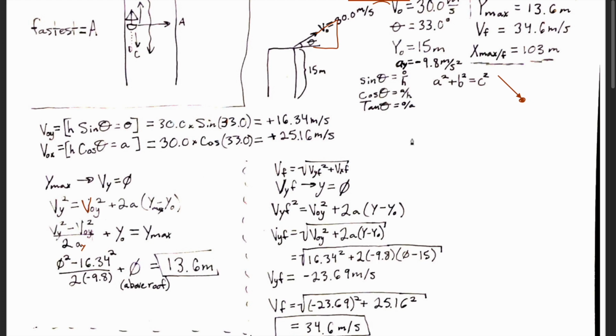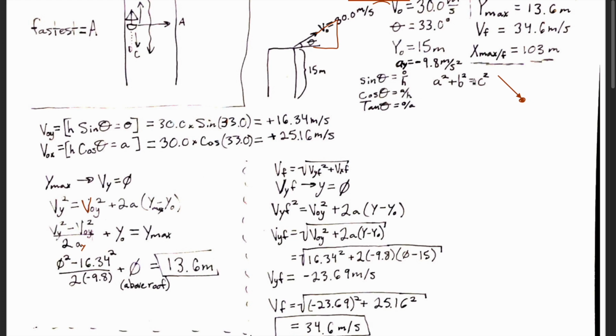And that means, and we have that written out here. So velocity in the y final is where y equals 0. We need to figure out the components and then use a squared plus b squared equals c squared to figure that out. And that's this equation here, just reworded.